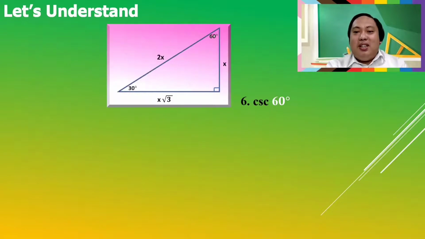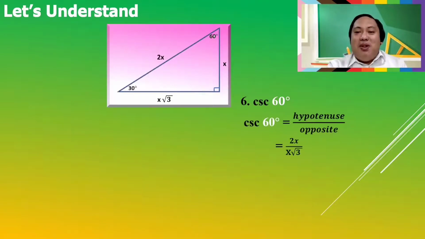Number 6, cosecant 60 degrees. Cosecant 60 degrees is equal to hypotenuse over opposite side. From the figure, we have 2x as the hypotenuse over x square root of 3 as the opposite side. Then simplifying, we have 2 over square root of 3.